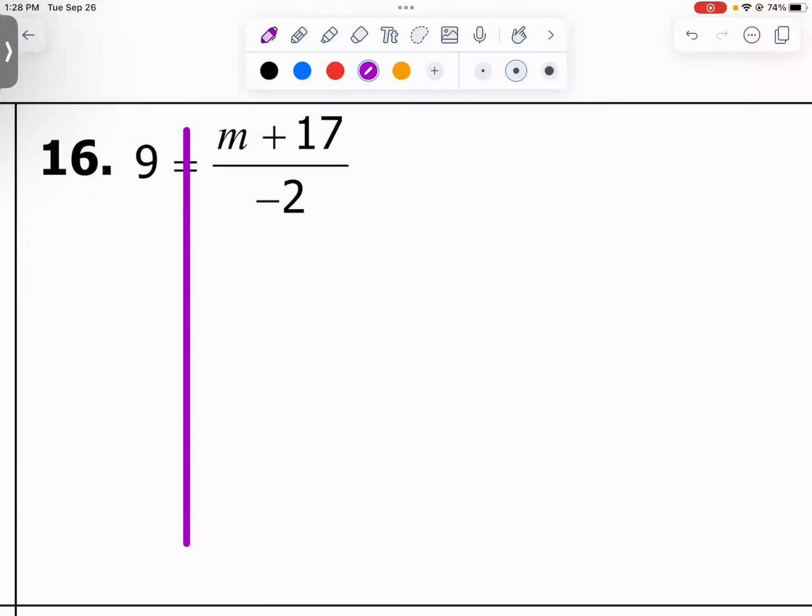Which number is the furthest away? Okay, the -2 is the furthest away, so it needs to be the first to go. What operation do we need to undo between the x and the -2? We need to undo division by multiplying both sides by -2.